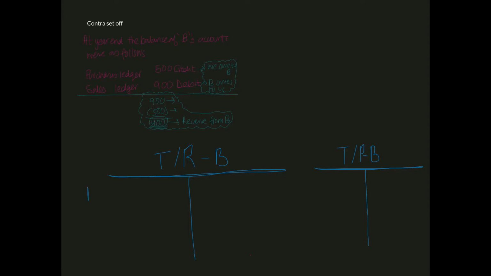Now the balances given to us: trade receivable 900 on the debit side, which is our trade receivables ledger, and purchase ledger, which is our trade payables, 500 on the credit side. Now what should we mention on the opposite side as the contra set off?